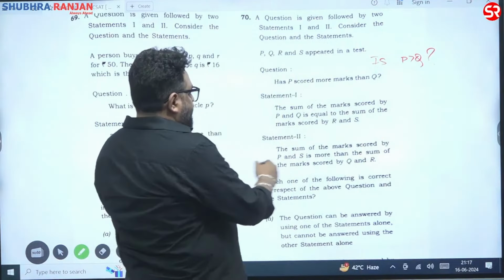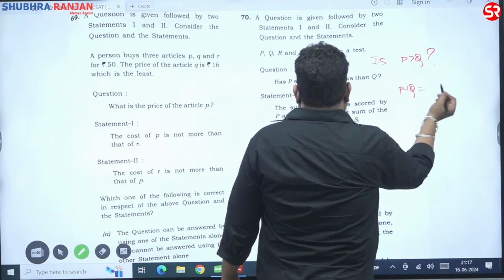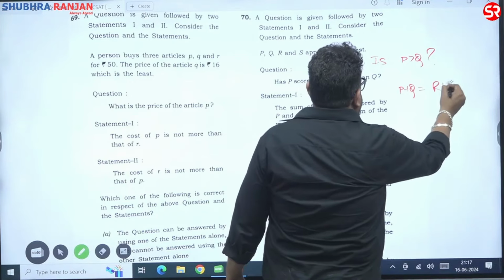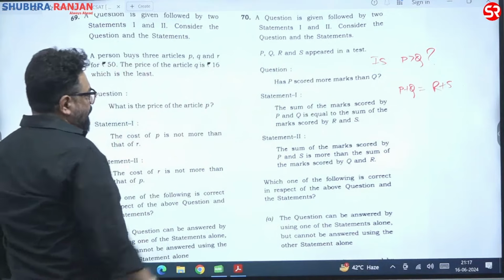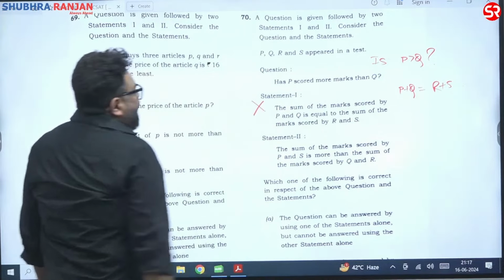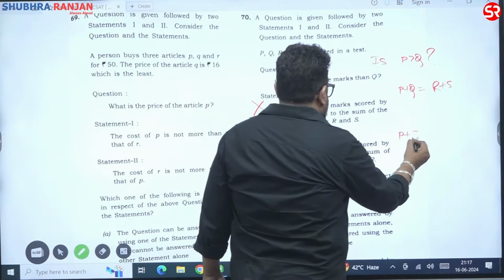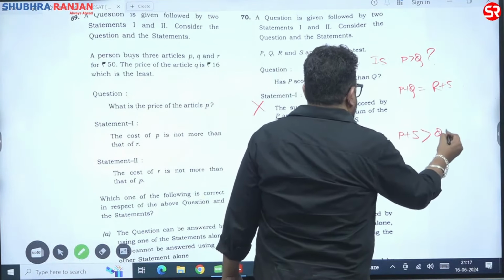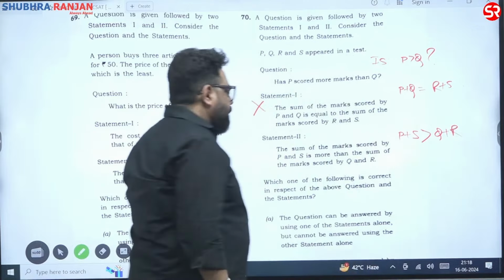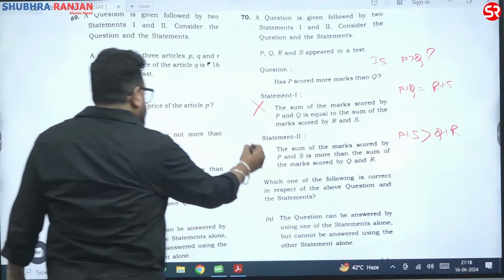The first statement is P plus Q is equal to R plus S. It doesn't give you the answer that P is greater than Q. No. Second, the sum of marks scored by P and S is more than the sum scored by Q and R. But does it give you a relationship between P and Q? Second also is not giving you a relationship between P and Q.